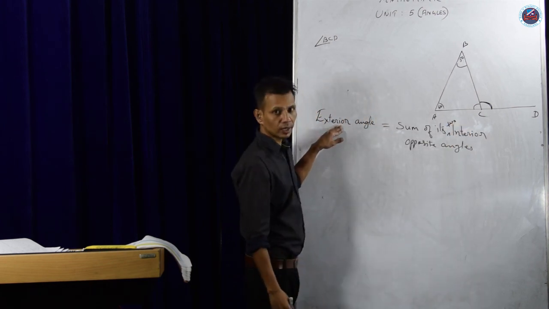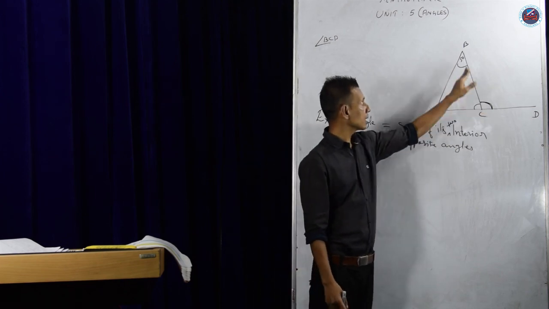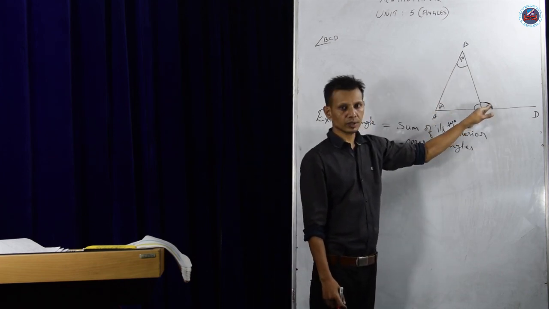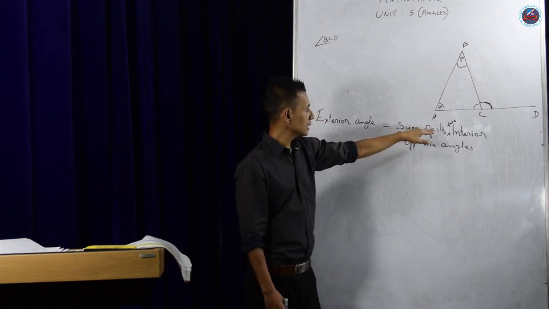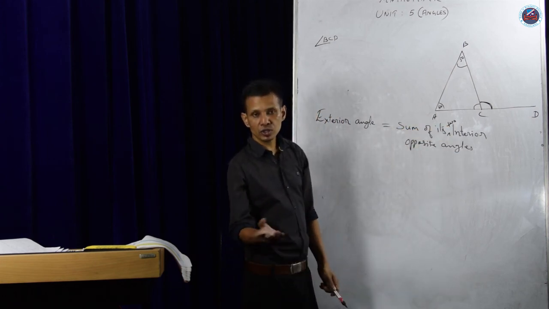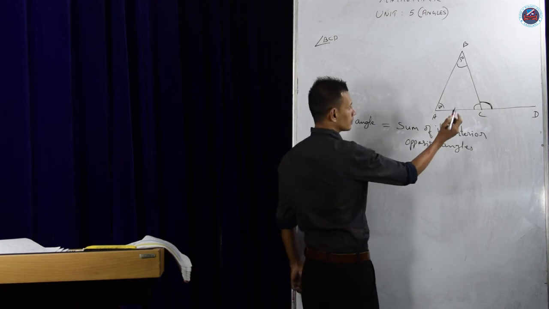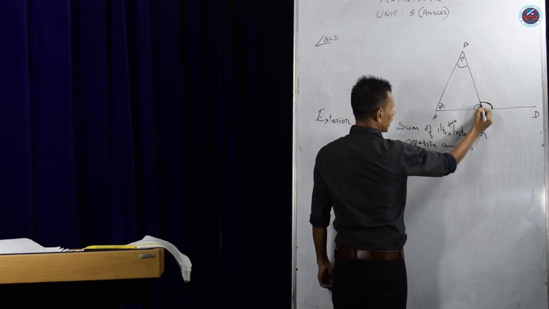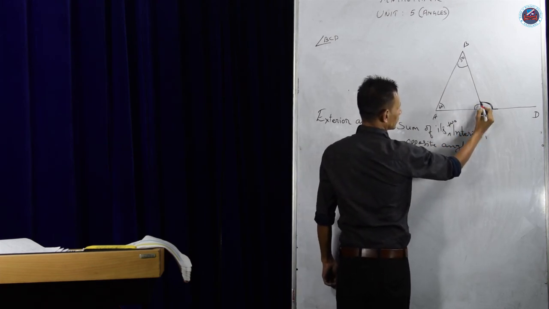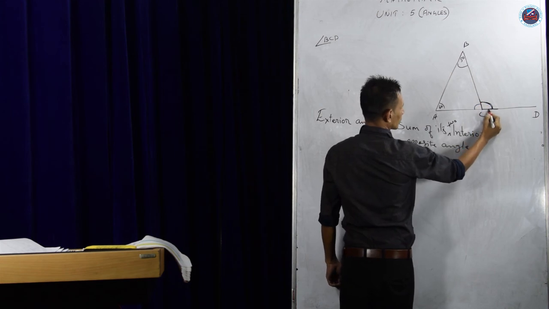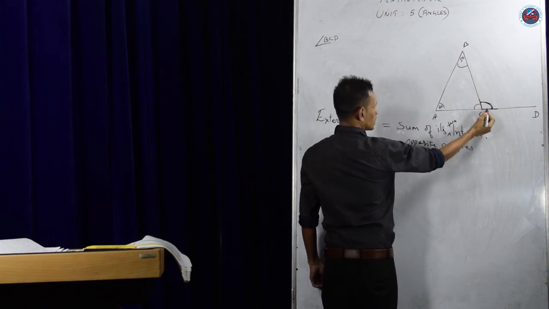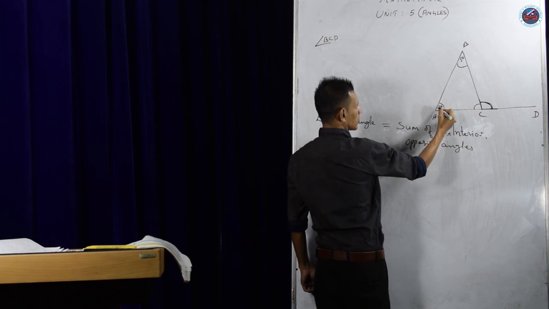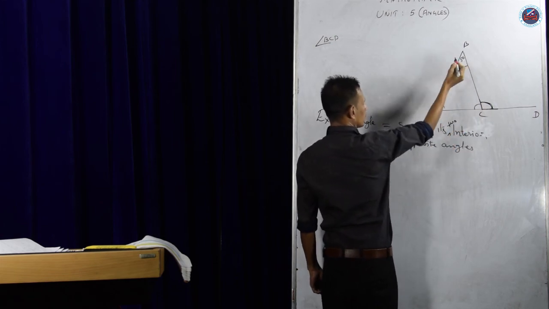So exterior angle, you know very well that this BCD is exterior. What about its 2 interior opposite angles? This is your exterior angle. Its opposite is 60, 50.